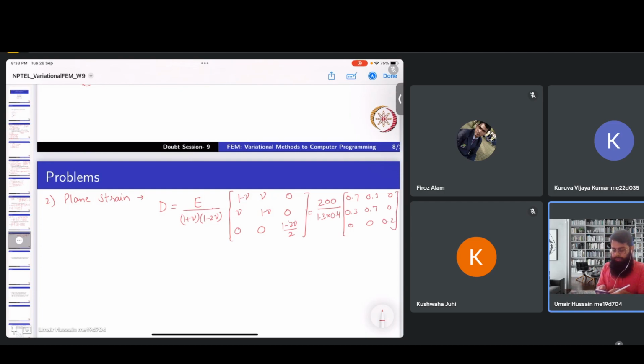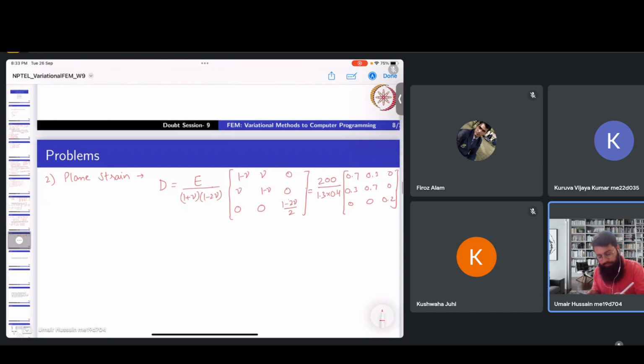So we simplify it: 200 divided by 1.3 into 0.4. We get D equals 384.61 into 0.7, 0.3, 0, 0.3, 0.7, 0, 0, 0, 0.2.